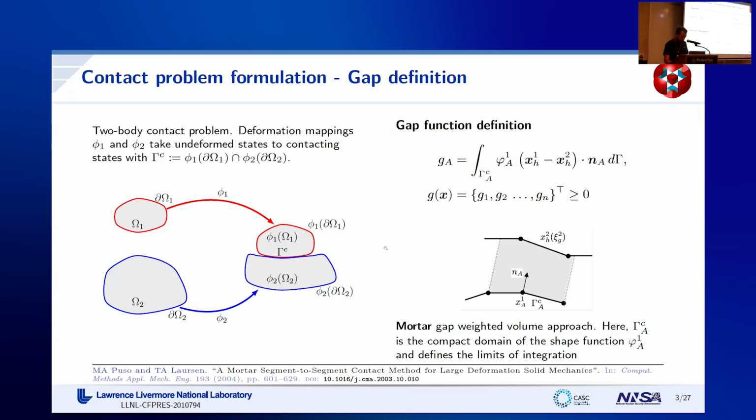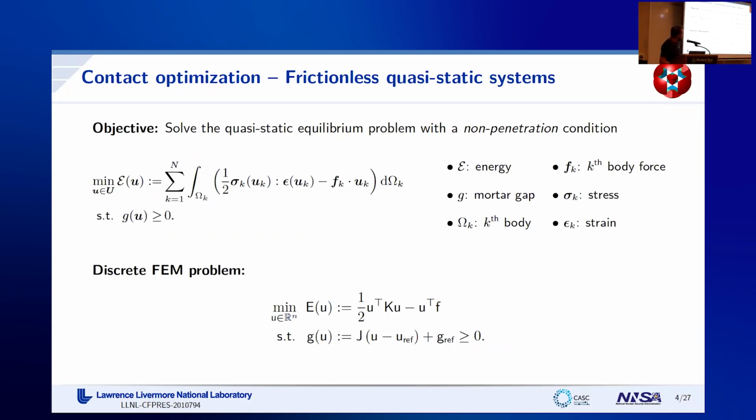And the objective here, for the specific case of frictionless contact, you can define your problem by minimizing this energy functional, where in this case I'm using linear elasticity, but it might as well be nonlinear. I will also show an example of that.